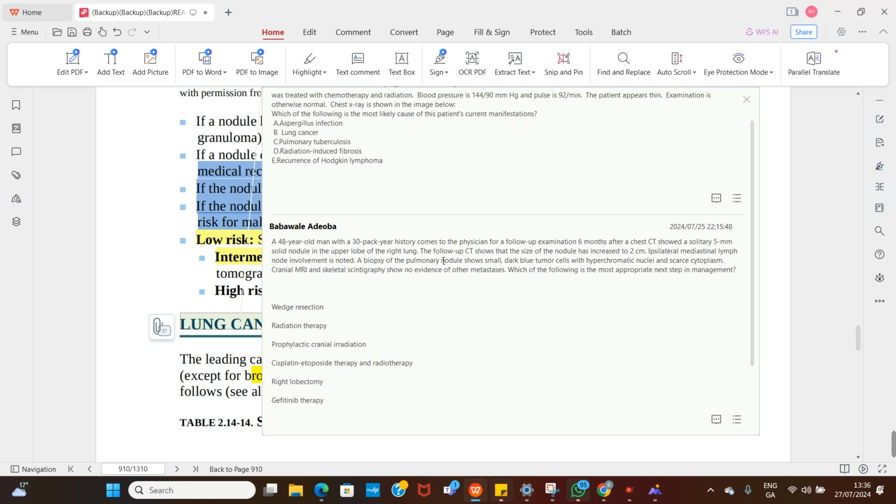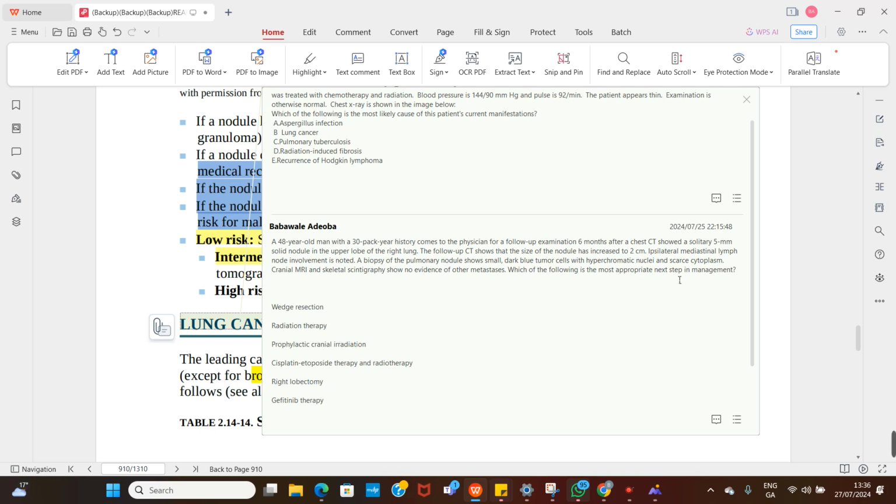The follow-up CT shows that the size of the nodule has increased to 2 cm. Ipsilateral mediastinal lymph node involvement is noted. A biopsy of the pulmonary nodule shows small dark blue tumor cells with hyperchromatic nuclei and scant cytoplasm. Cranial MRI and skeletal scintigraphy show no evidence of metastasis. Which of the following is the most appropriate next step in the management?